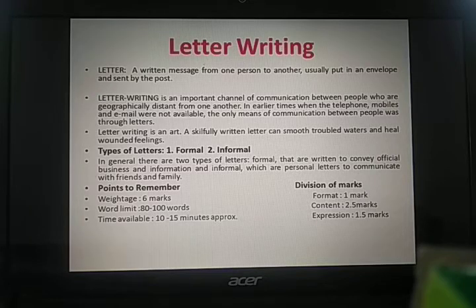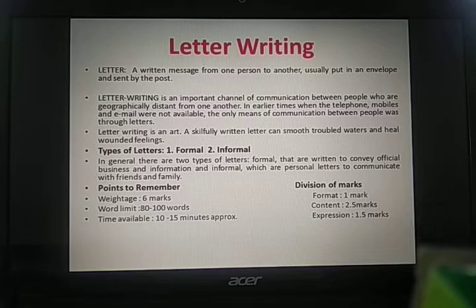In such letters we are not supposed to express our feelings, emotions and sentiments. We have to write in formal language, because they are being sent to some office for some purpose. It may be a business purpose, an official purpose, or some important information to be provided. That is why they are called formal letters. And informal letters are personal letters to communicate with friends and family. In informal letters we can express our feelings and emotions, and they are written to our relatives, our friends, our parents.